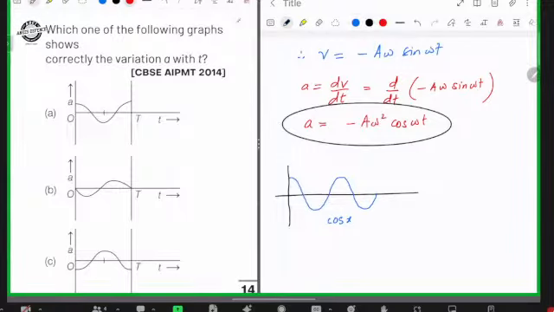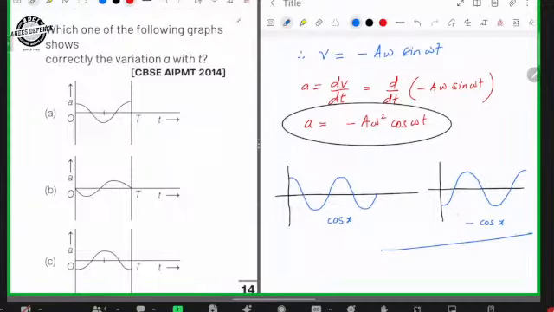What about negative cos function? How will the negative cos function be? The negative cos function will be the inverse of it. Exactly opposite. This will be the minus cos function. Now, according to the equation, the acceleration varies according to minus cos function and the graph of minus cos function looks like this. So therefore, which option is correct?